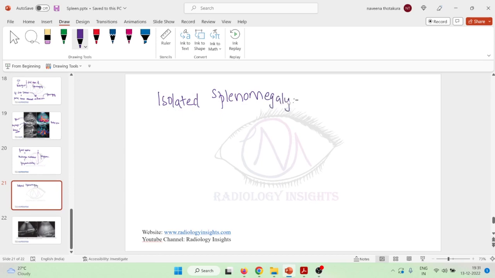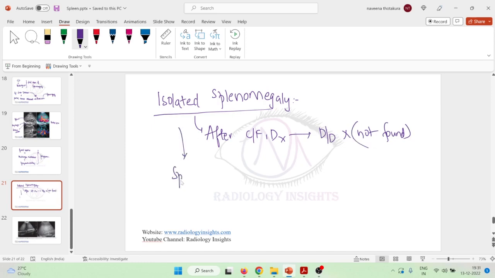In these cases, where even after considering the clinical features the differential diagnosis is not found, we can do a splenic biopsy or splenectomy.